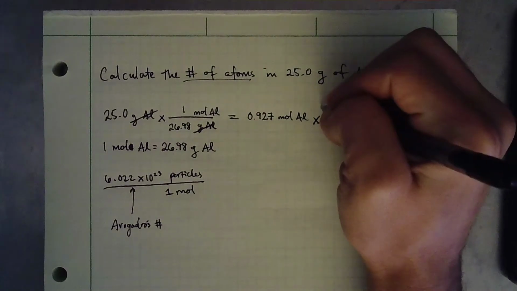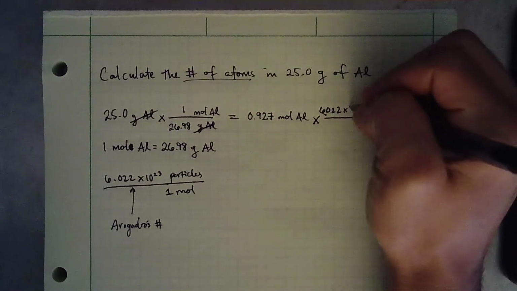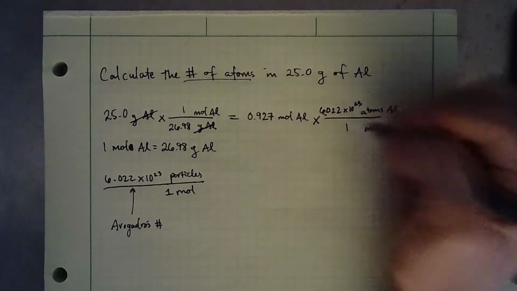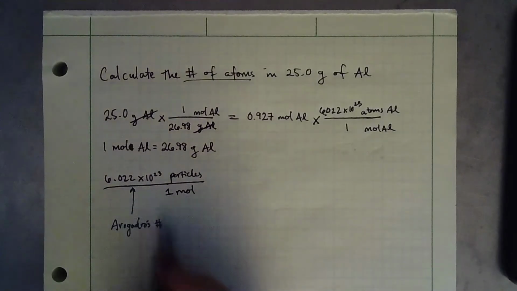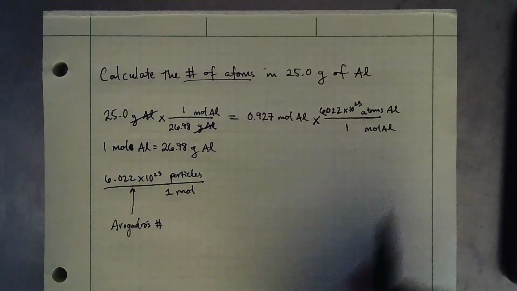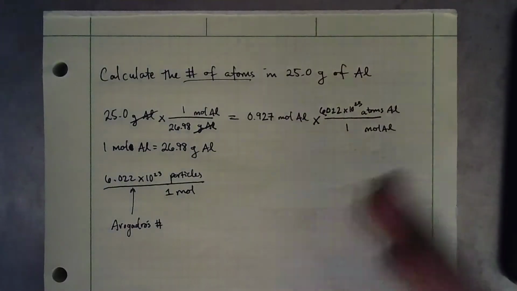So I've got on the numerator 6.022 times 10 to the 23rd atoms of aluminum is the same as 1 mole of aluminum. That's what Avogadro's number tells me. So that's my final part of the calculation, my second step.